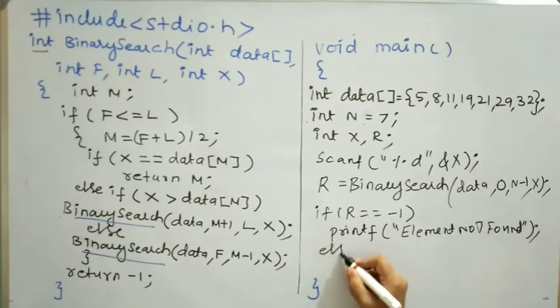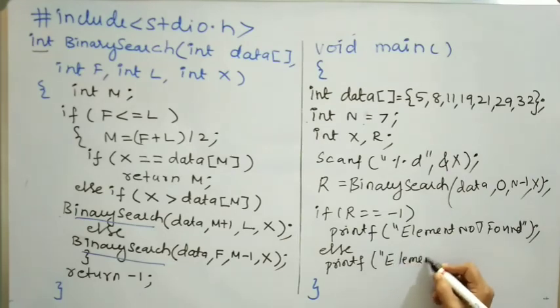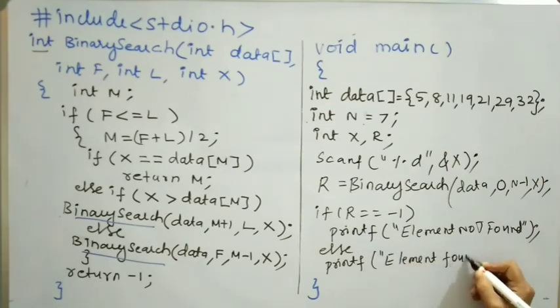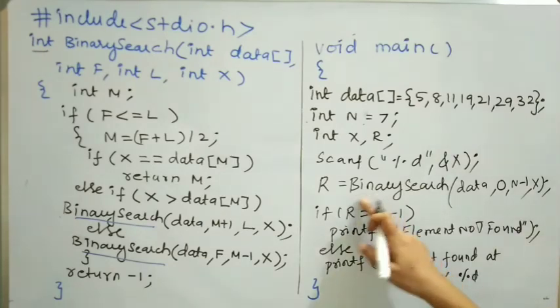Else, if it returns some positive integer value, then I print the message printf "element found at index position %d". So it returns the index position where it has found the element.